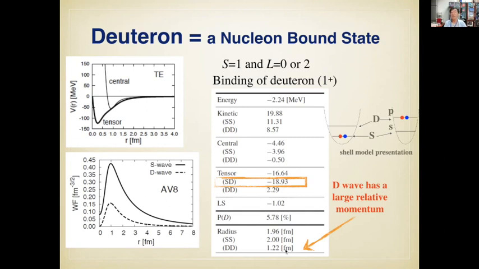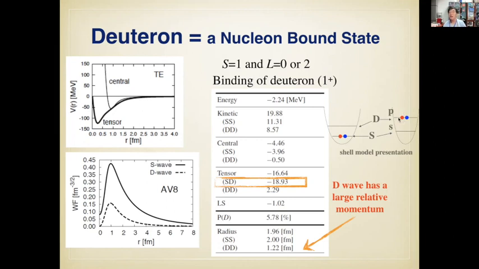So if I write it in a maybe misleading way, but to show it well, you have the S wave for proton and neutron, but when you make a transition to the D wave, this transition makes high momentum.